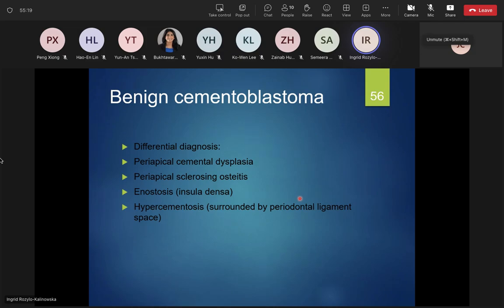I don't know if anyone here plays golf, but hopefully everybody knows what a golf ball looks like. A golf ball is just white, round, and hard. So if you see a golf ball attached to a root apex, then think cementoblastoma. Of course, it also requires some differential diagnosis.